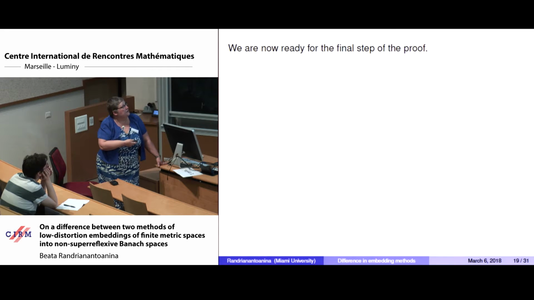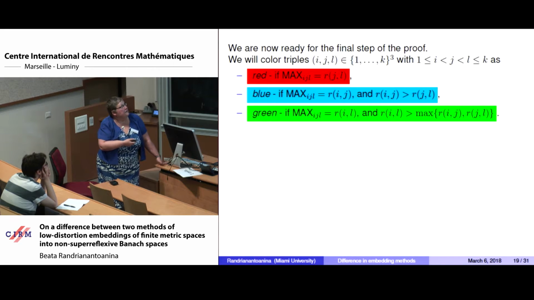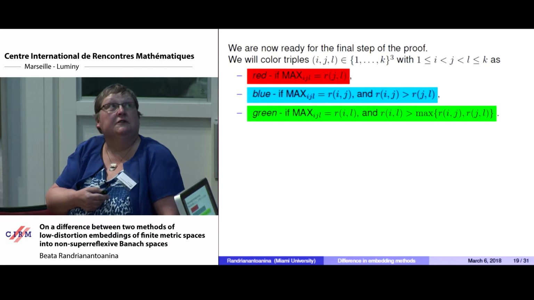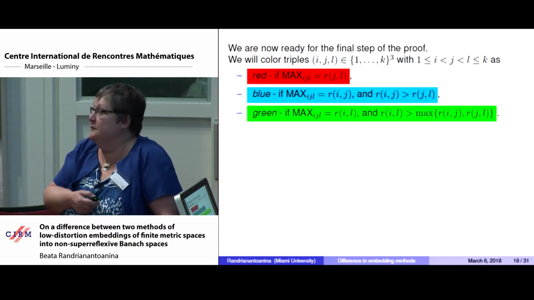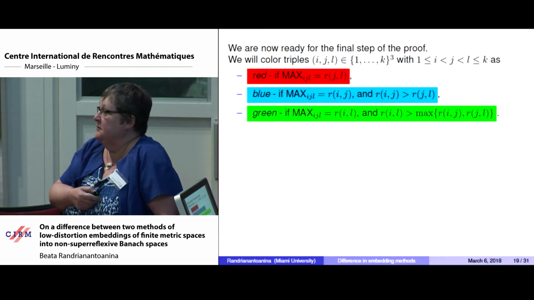All right, so what is the final step of the proof? The final step of the proof is that I want to color my triples into colors, right? So there is this complicated description here. The first one is easy, right? The red is if this is the one. And here there's this condition, you know, in case, which really means this one but not red, right?